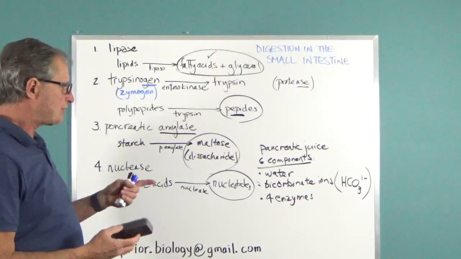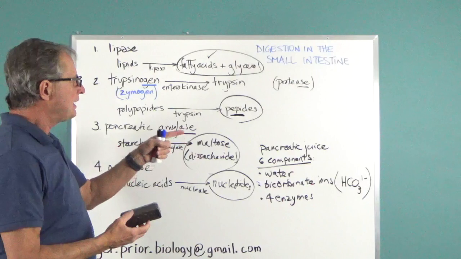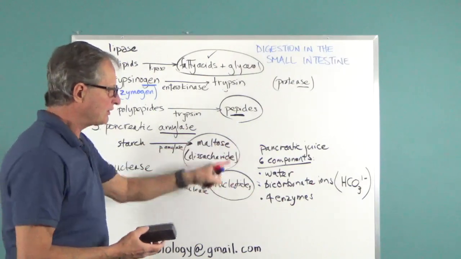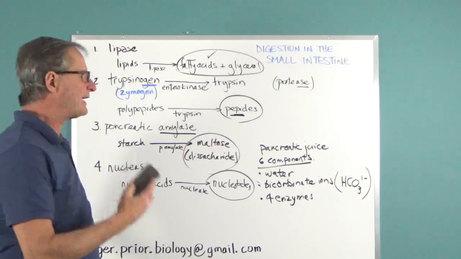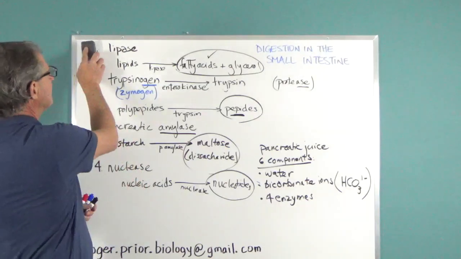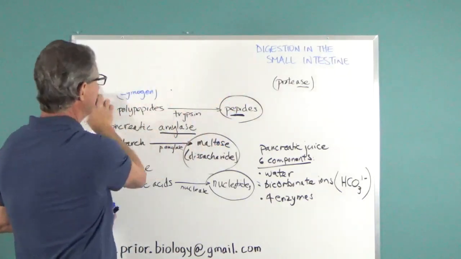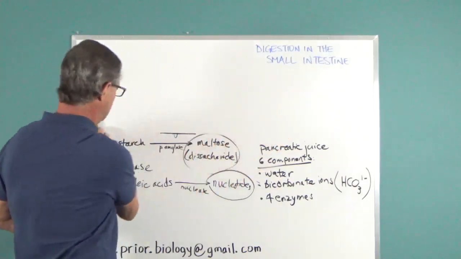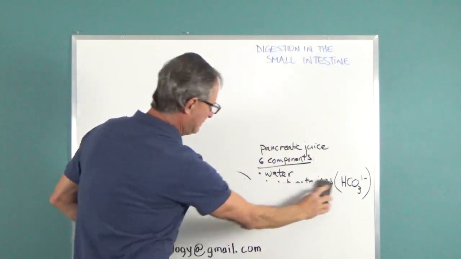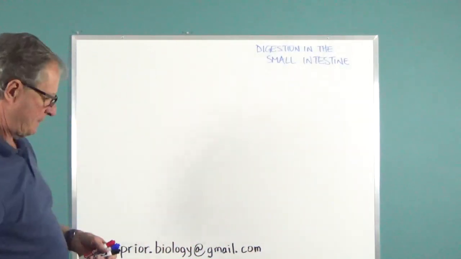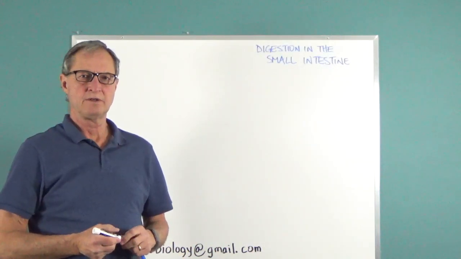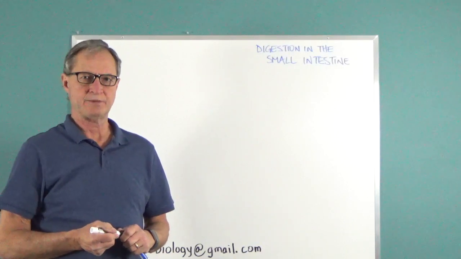That other set of processes is not a result of pancreatic juice. The small intestine actually secretes its own digestive enzymes. The duodenum secretes its own enzymes.